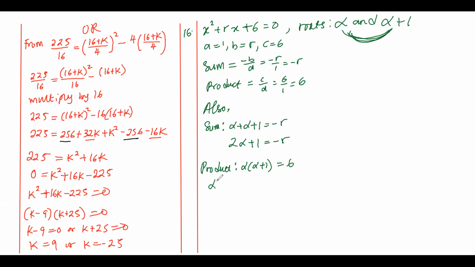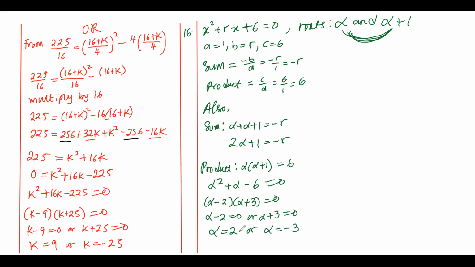So I have alpha squared plus alpha minus 6 equal to 0, which I can write as alpha minus 2, alpha plus 3 equals 0. So either alpha minus 2 is 0 or alpha plus 3 is 0. So basically alpha is equal to 2 or alpha equals negative 3. So now that we have values for alpha, we can go back to the sum.